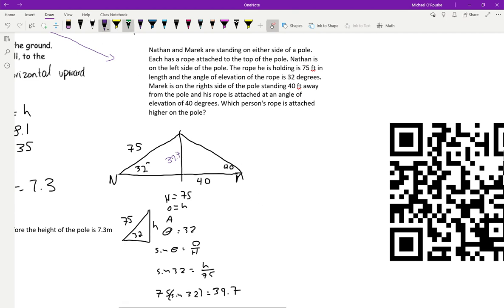Now if I go to the other side, here's my other triangle. This is 40, this is 40, and I'm trying to find h. So now I have HOA theta, 40, 40, and this is my unknown.